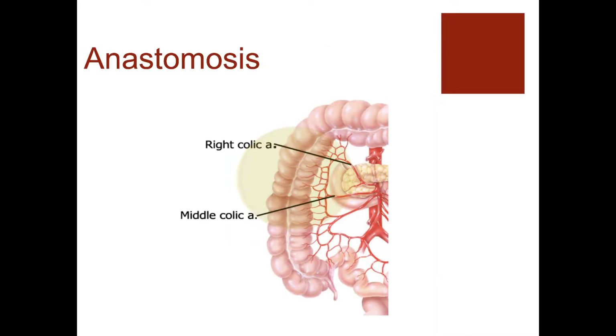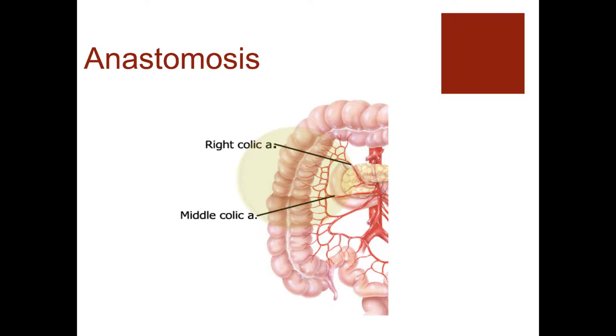A cardiovascular structure that is associated with groups of arteries in many different places in the body is called the anastomosis. An anastomosis is basically a union of blood vessels, and these are important because they provide alternative routes for distributing blood to the same area of the body.